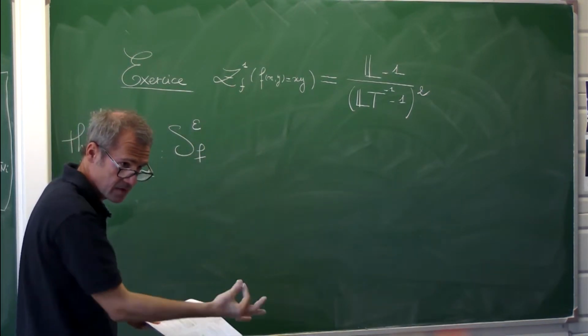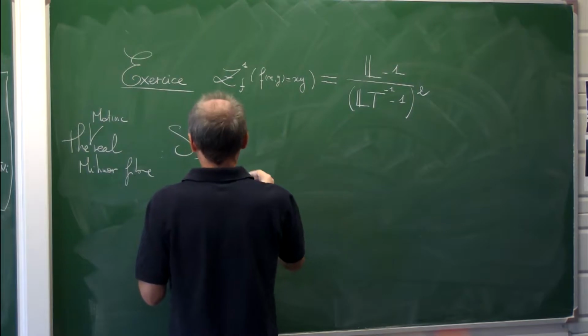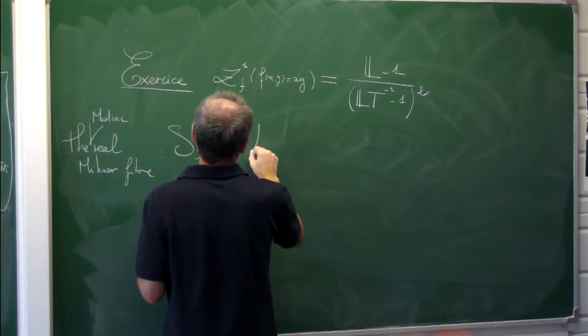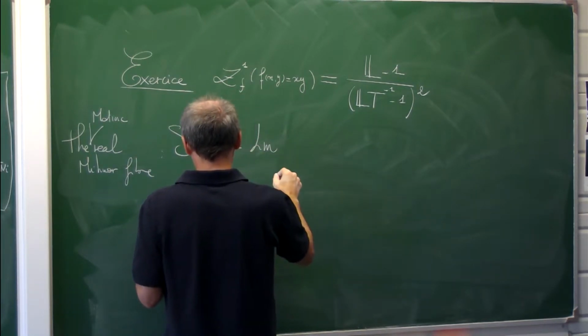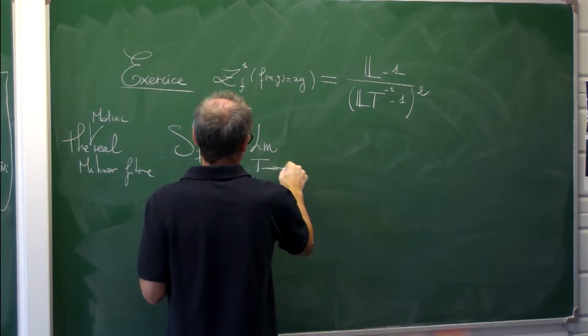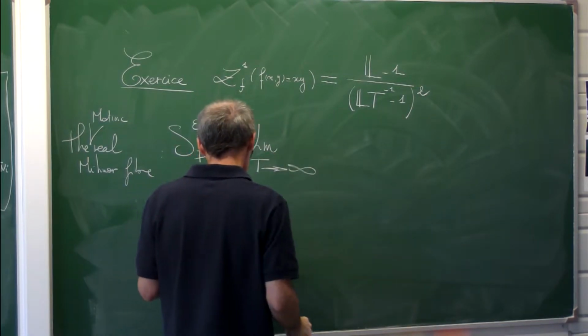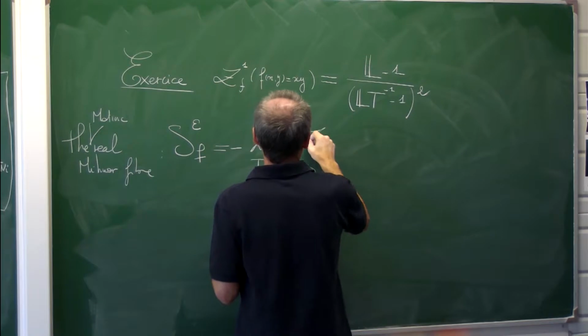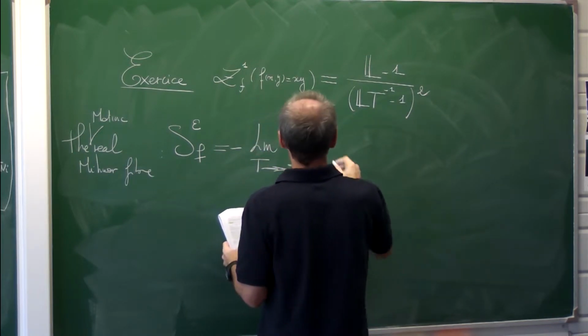We have five possible choices here. By definition, it is minus the limit. Of course, the limit here has no meaning, but nevertheless, it is the limit.